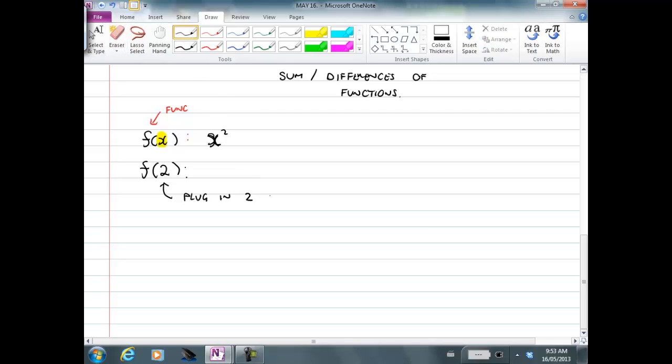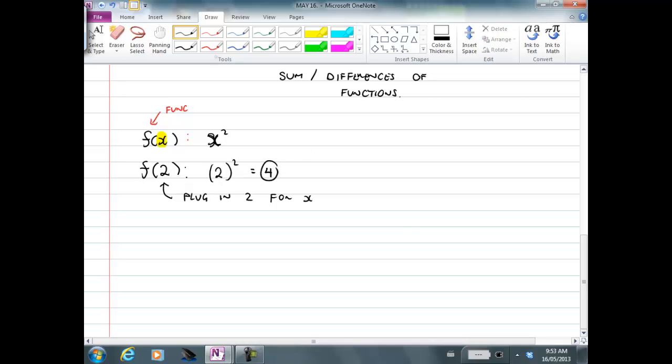When I plug in 2 for x, I get 2 squared. What this question is really saying is, what is f of x when x equals 2? That's called function notation. So instead of writing y and x, we write f of x. So my simple answer is 4.